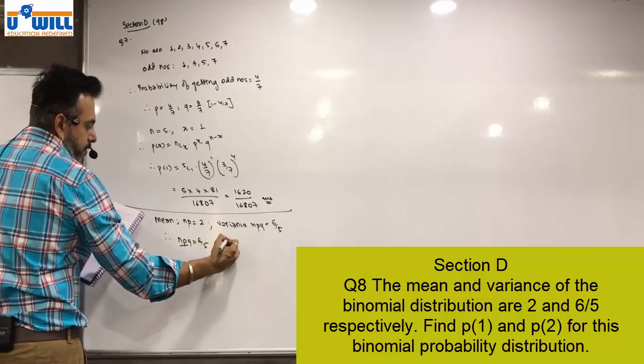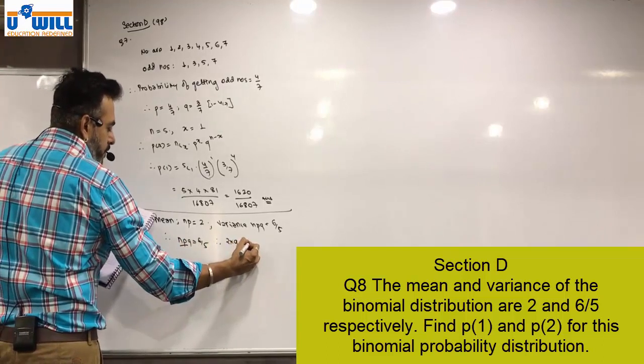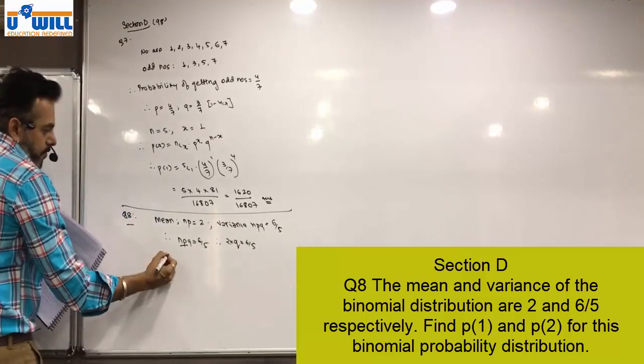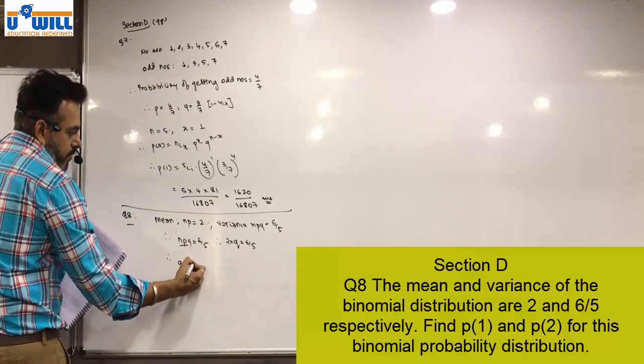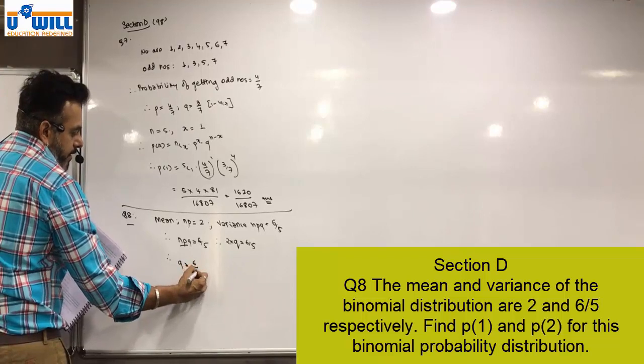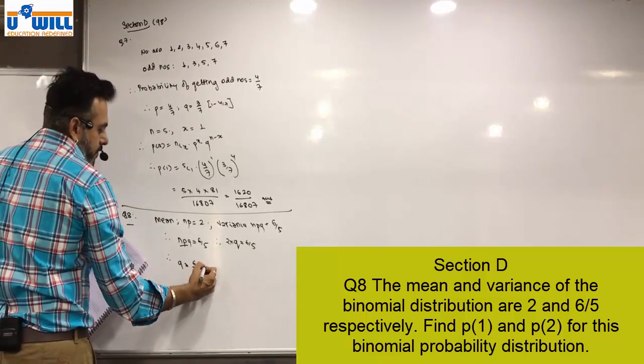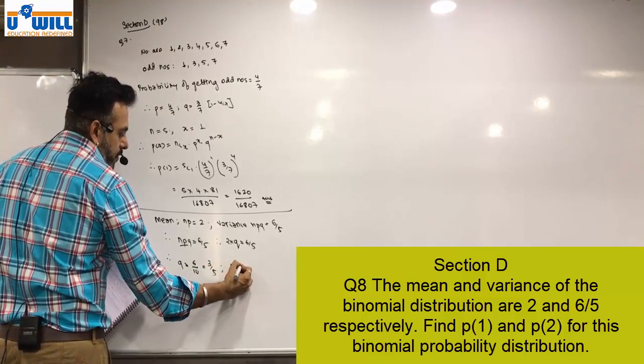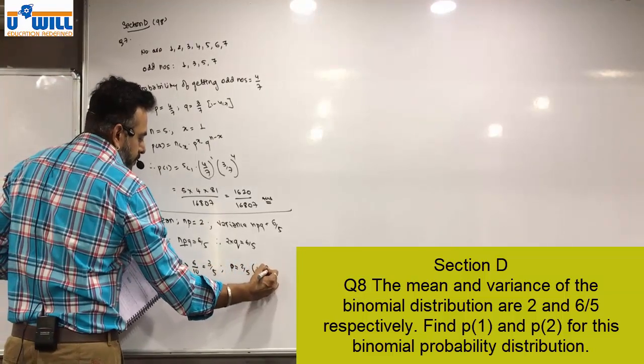Therefore, NP is 2, so 2 into Q is equal to 6 by 5. Therefore, Q is equal to 6 by 10, which is equal to 3 by 5. Therefore, P is equal to 2 by 5.